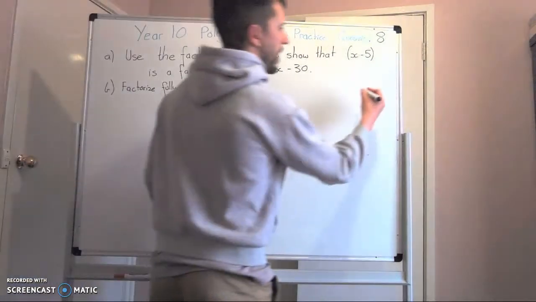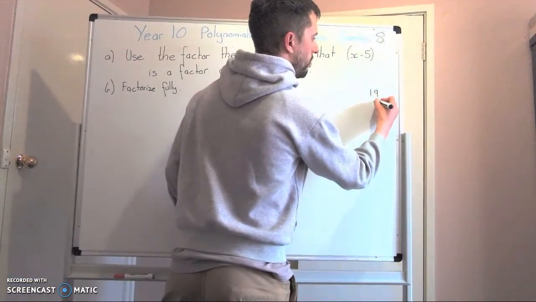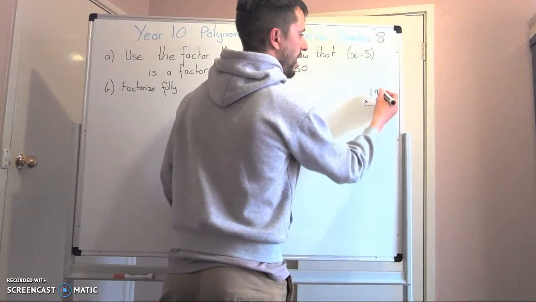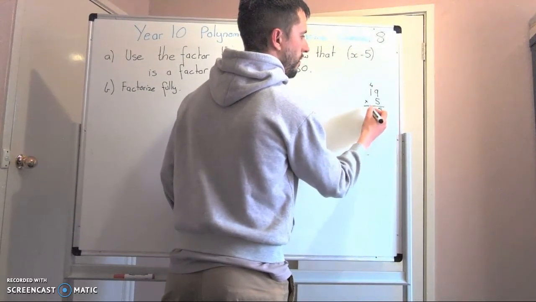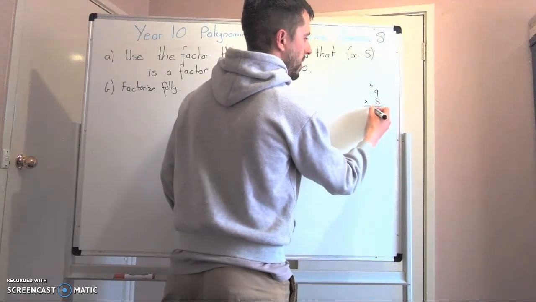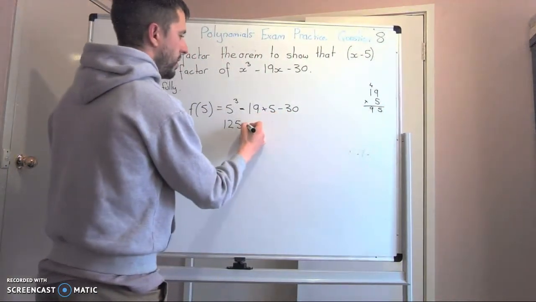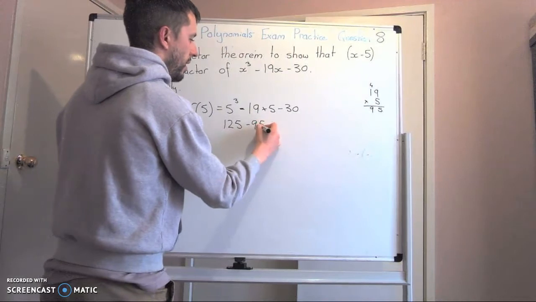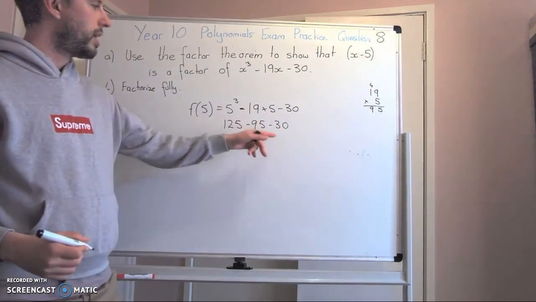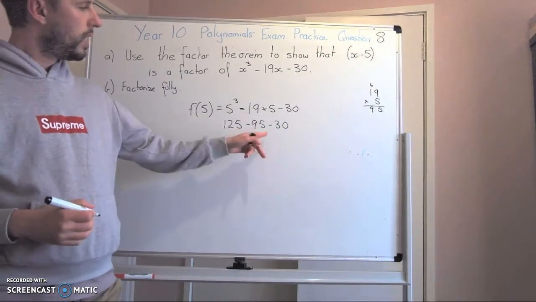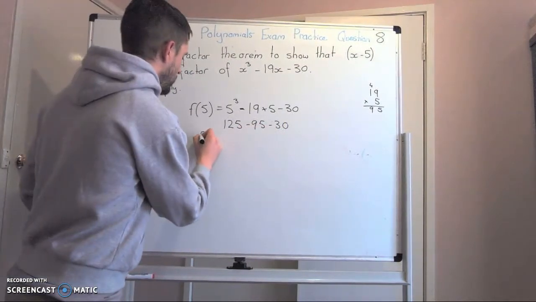I'll do that working out over here. 5 times 9 is 45. 1 times 5 is 5, plus the 4 equals 9. That gives me take away 95, take away 30. So 125 take away 95 is 30, and 30 take away 30 is 0.